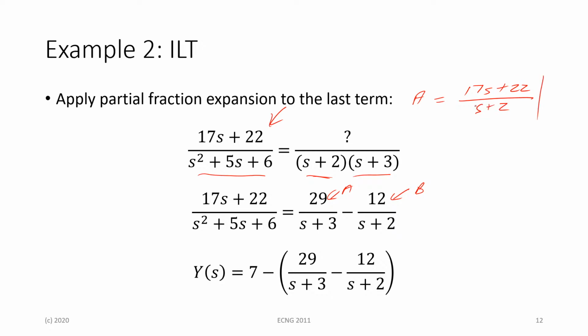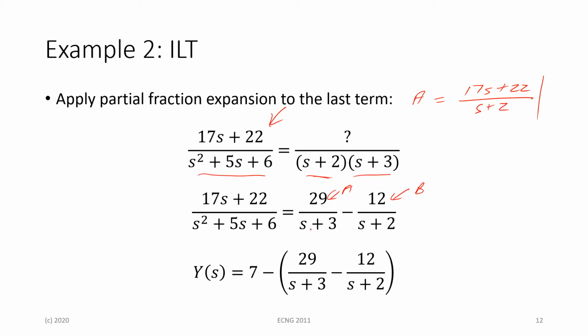Because we have this resultant equation and we're solving for A, we need a value for s to substitute. This A factor is associated with s plus 3, so we need to find the value of s for which this denominator is 0. So s plus 3 is equal to 0, and we get s equal to negative 3.